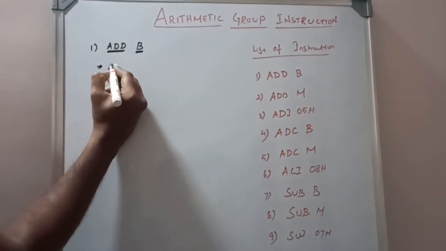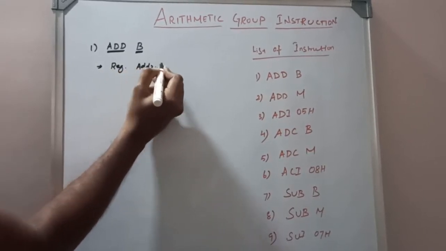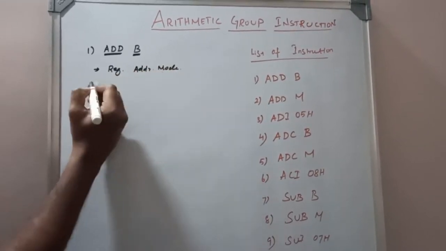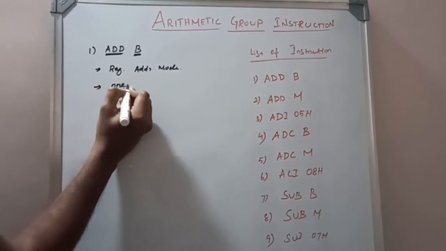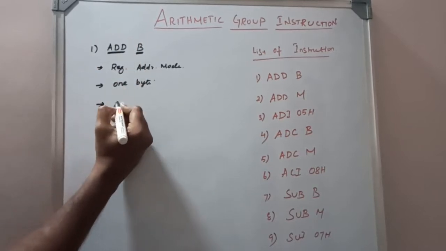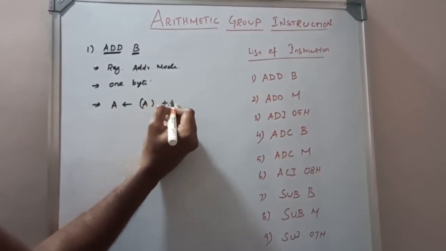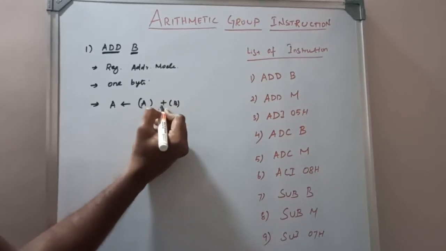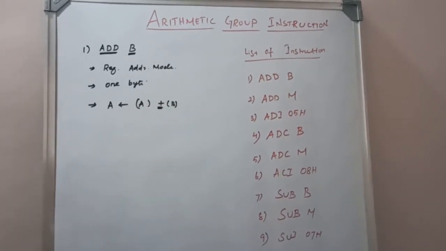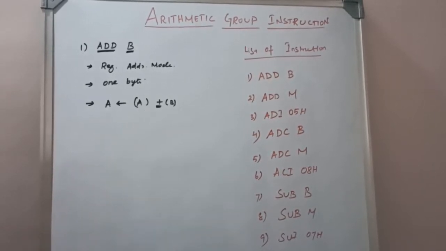The addressing mode is register addressing mode, and it is a 1 byte instruction. The equation of this function is A gets A plus B.